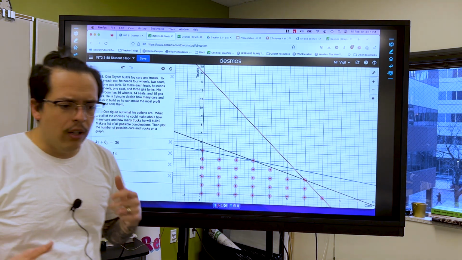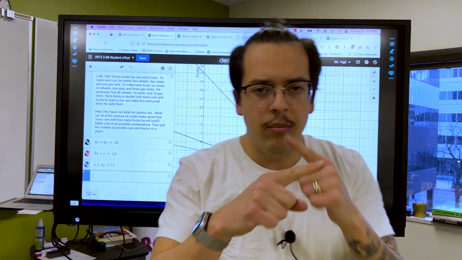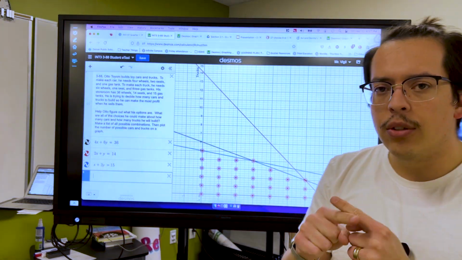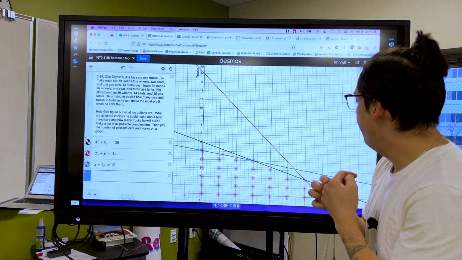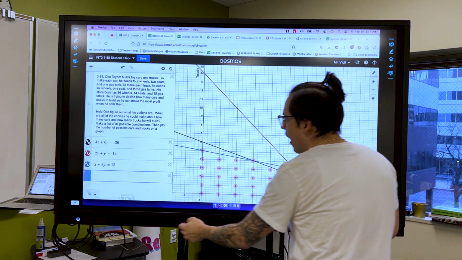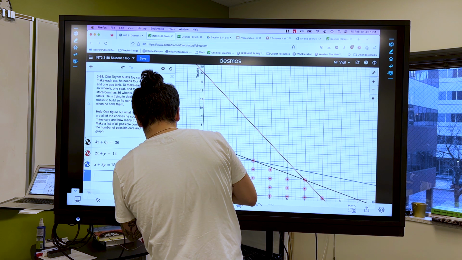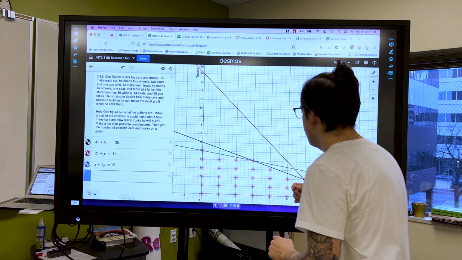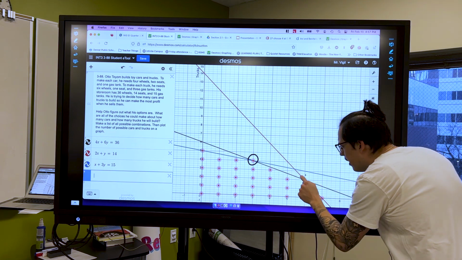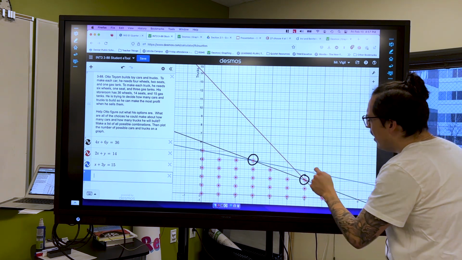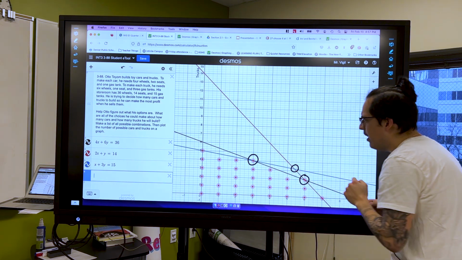And now we know that intersecting points are solutions to systems of equations. We have, look at this, an intersection here, and an intersection here, and an intersection here.